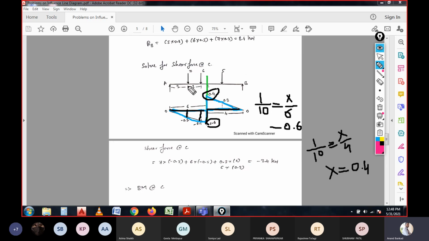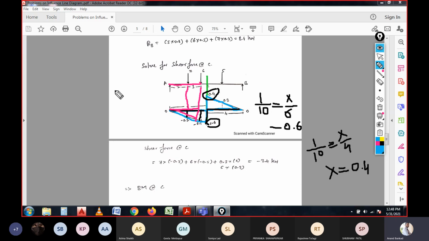So how do you calculate now? If you consider this section, the 6 kilonewton load will have a 5 meter span. So in the 5 meter of span, here it is 5 meter. That means here we need to consider the similar triangle.